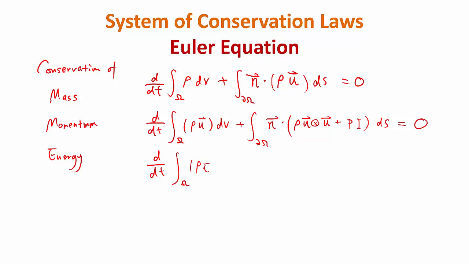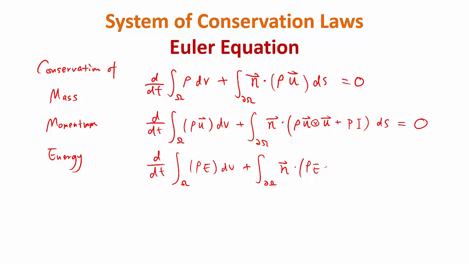I'm just going to write rho E, and E is the amount of energy per mass. So this is the amount of energy per volume. Integrate, it's the amount of total energy. And this is the rho E times U. Sorry, E is a scalar. It's not a vector. E is a scalar.